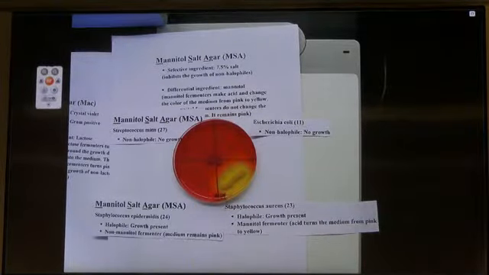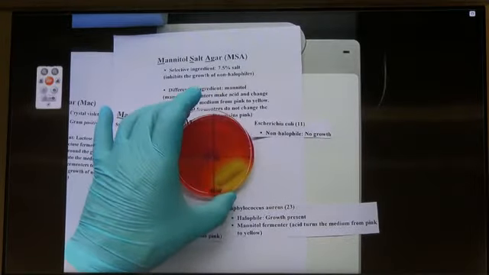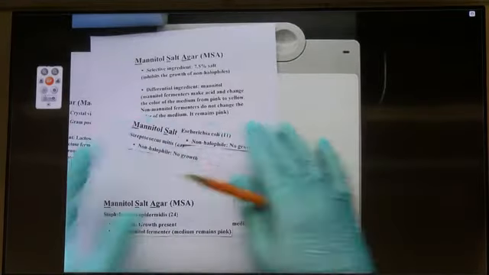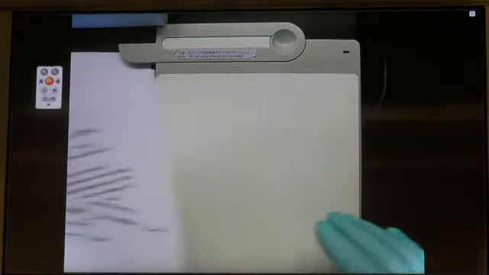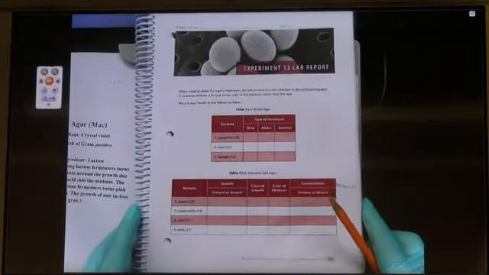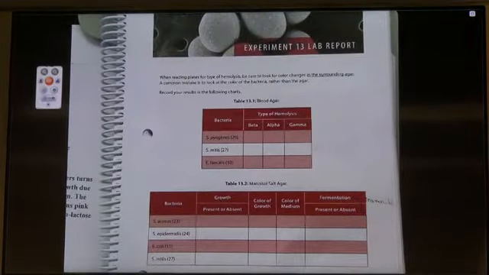Let's go ahead and fill out the chart in your lab manual now and go over the results now, okay? On page 105, please. The chart. Okay.